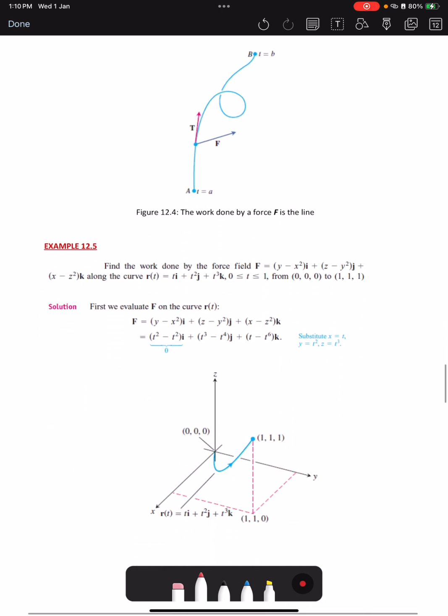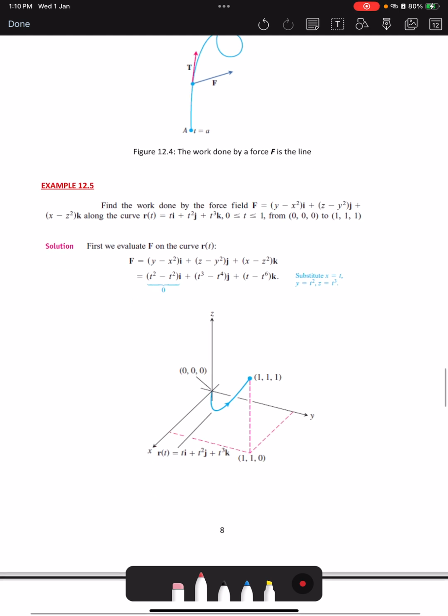Alright, let's look at this example 12.5. Find the work done by the force field. Just now previously we looked at an example already. Now the force field, vector F, is (y minus x squared) in the i direction, plus (z minus y squared) in the j direction, and (x minus z squared) in the k direction, along the curve r(t) equals t i plus t squared j plus t to the power of 3 k, where t is from 0 to 1.